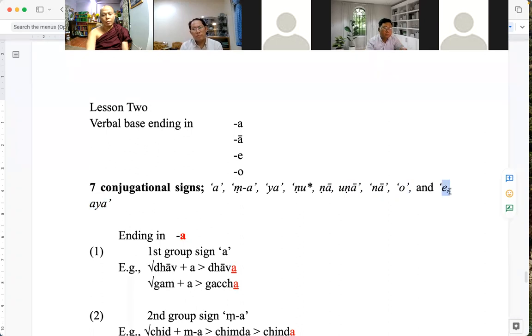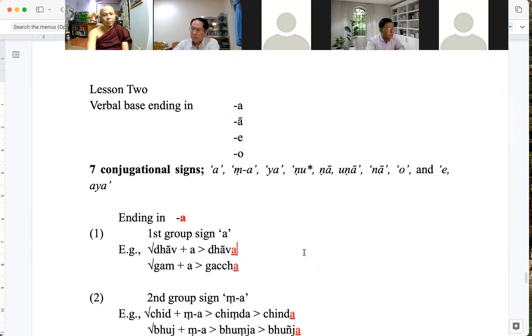If we add sign A to the root, that vowel base will end in A. If we add the ya suffix to the root, that vowel base will also end in A, like the first one. So even though there are 7 conjugational signs in Pali, briefly we can say a vowel base can end in one of these 4 vowels.